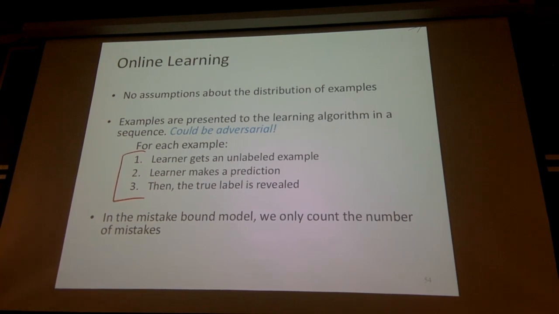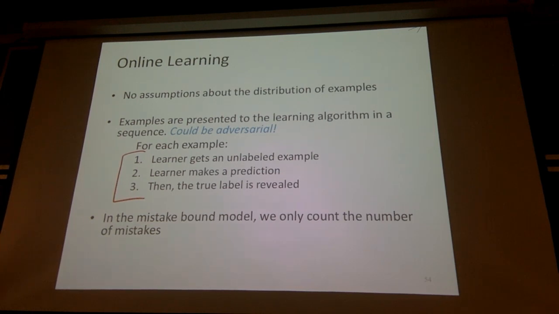There is a sequence of examples that keep coming to the learner. The learner can choose to store whatever it wants, but it can at any point only access one example at a time. You can think of online learning as a sort of game that the learner and nature play. The learner gets an unlabeled example.